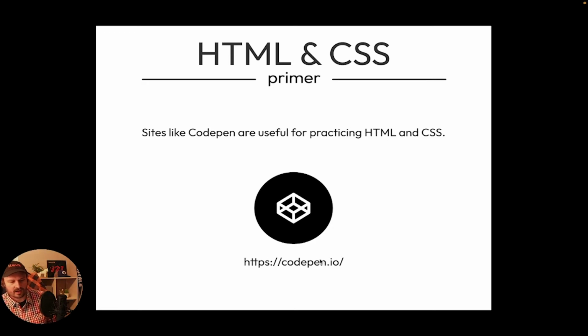I find CodePen and its equivalents, such as JS Fiddle, and those are the only two I can think of right now, but if you do a Google search, or whatever your favorite search engine is, for live HTML editor or live CSS HTML editor, you can find a site where you can type markup in, and it'll show you what it's going to look like. It's a very quick way to develop pages.